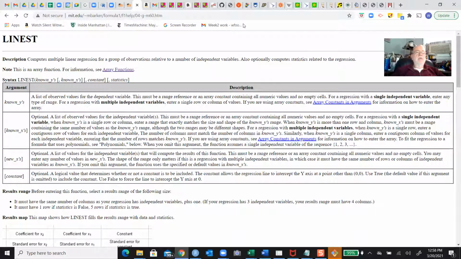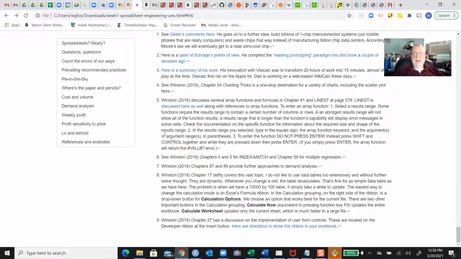Let's see if I can find my way back here. There we go. And with some tricks of the trade, chapter 59 for multiple regression, and chapters 4 and 5. I would start at chapters 4 and 5.